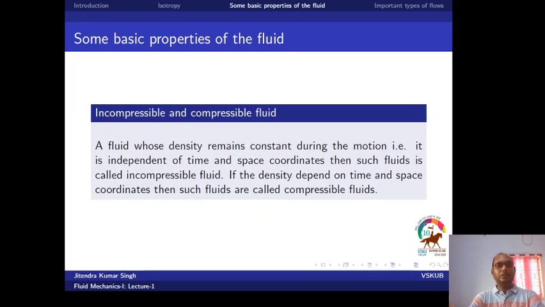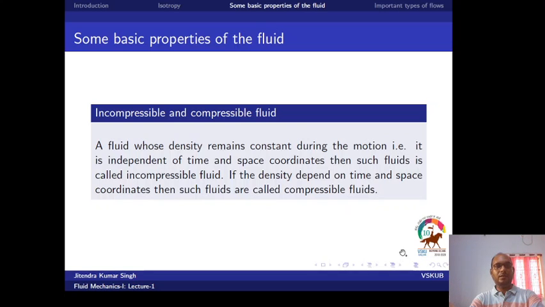Now, incompressible and compressible fluid. A fluid is said to be incompressible if its density does not change with respect to space or time, or we can say from one point to another point within an object, its density does not change at any instant of time.